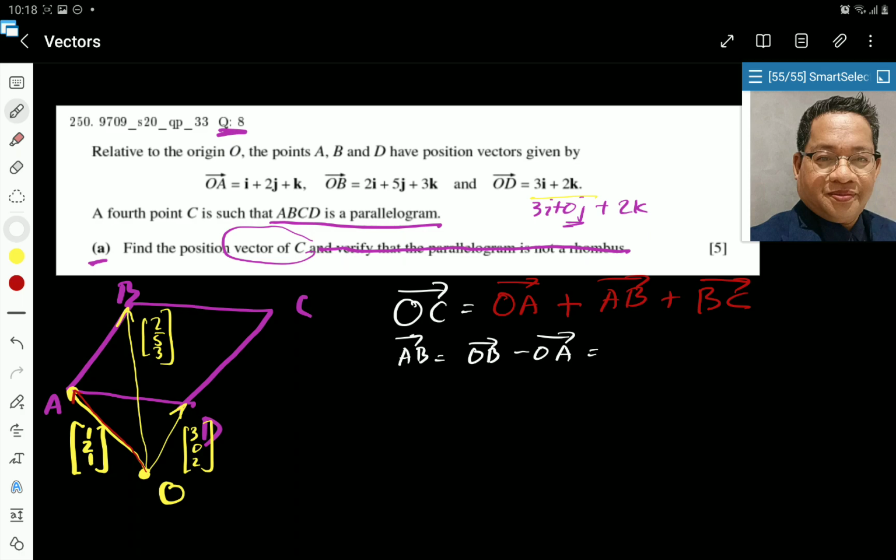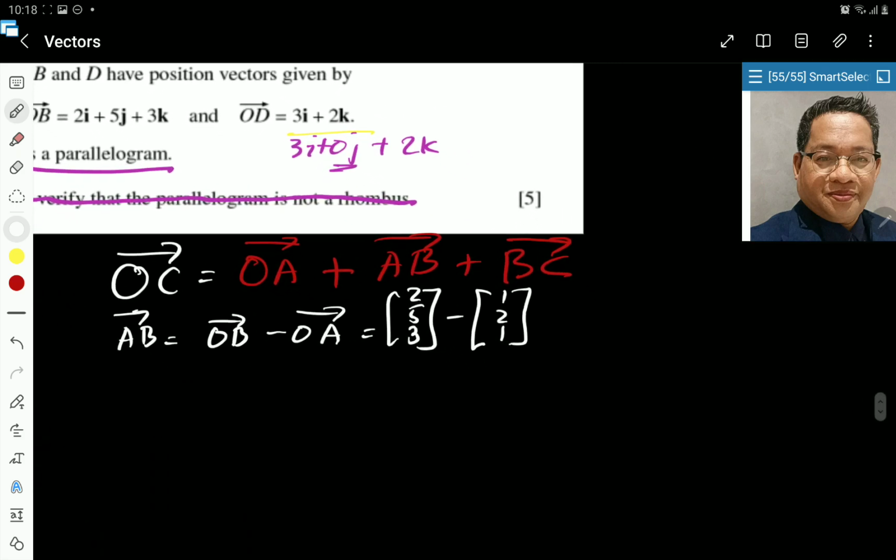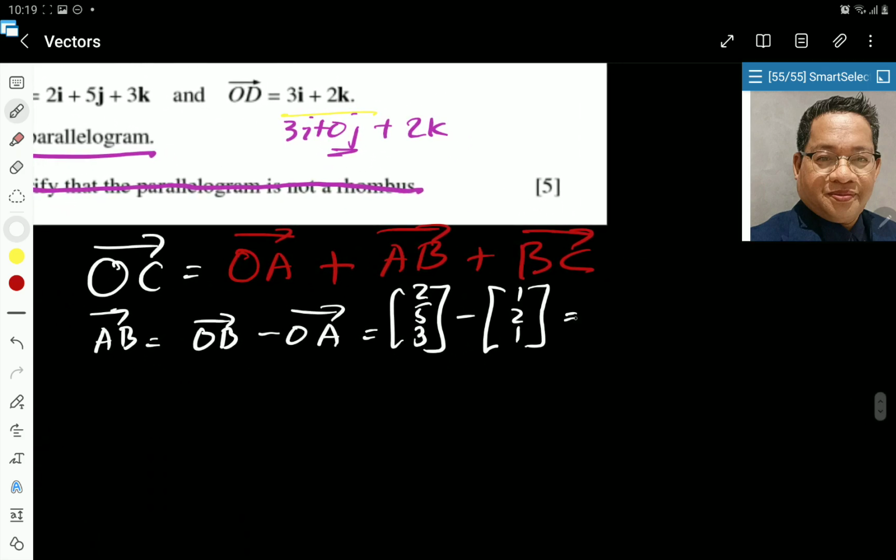So OB is 2, 5, 3 minus OA, which is 1, 2, 1. That will give you 1, 3, 2.